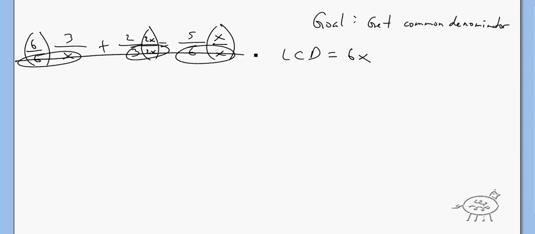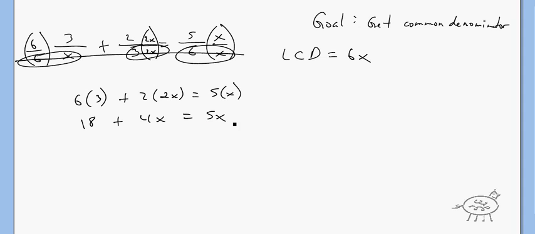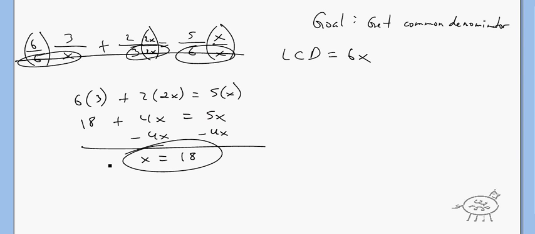I just care about the top now. So I get 6 times 3 plus 2 times 2x equals 5 times x. And I solve. So I get 18 plus 4x equals 5x. Subtract 4x from both sides, and I get 1x, or x equals 18. And that's the answer to that problem.